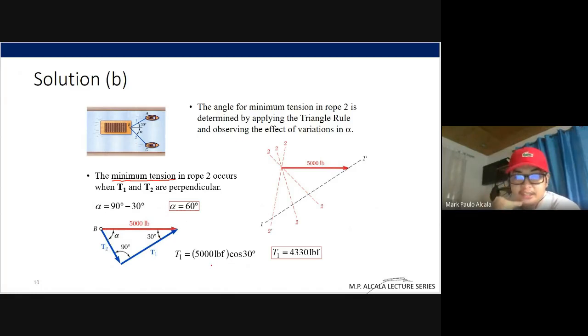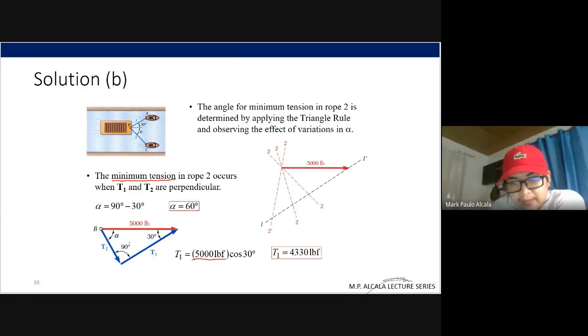Sine 90 degrees is equivalent to 1, that's why we don't have sine 90 here anymore. It's gone. 5,000 over 1, then multiply by cosine 30 in order for you to get the magnitude of T1.